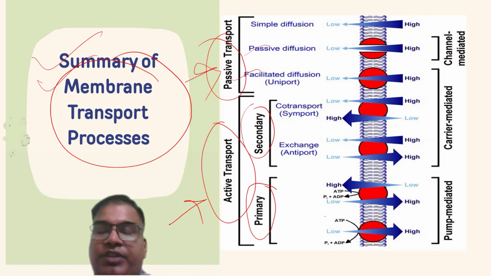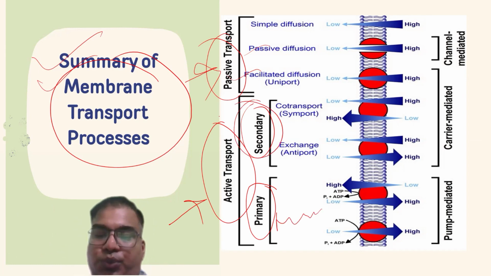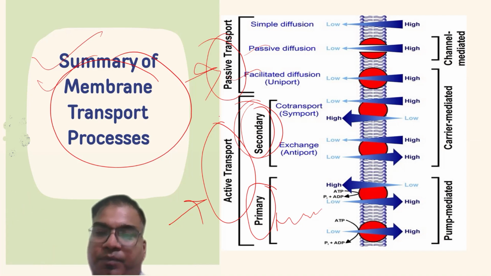In primary, energy is specifically used for the movement of that particular ion. The common example is the sodium potassium ATPase. In secondary active transport, energy is used definitely, but in an indirect way, because some other ion is moving, and the movement of this other ion is responsible for the movement of the respective ion. The common example is the sodium glucose co-transport.